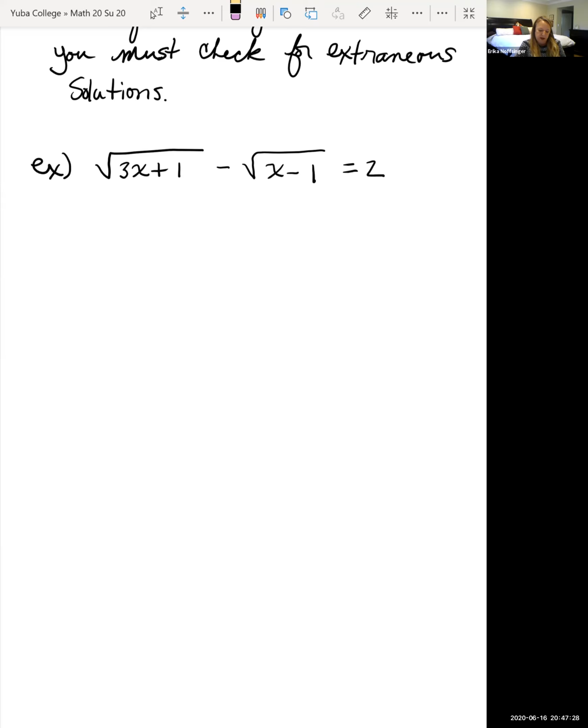Okay, so the first step was we need to isolate one of these radicals. There's 2 radicals in this equation and we need to move one to the other side. I prefer to have positive, so let's just add square root of x minus 1 to both sides of the equation. So if we do that, we get the square root of 3x plus 1 is equal to 2 plus the square root of x minus 1.